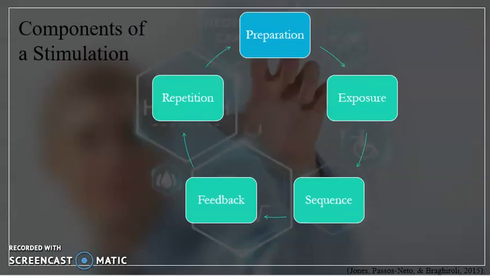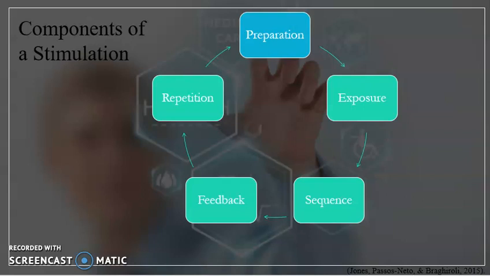The preparation of a simulation session involves the creation of a safe and positive learning environment. A simulation is characterized by four core components. The first component is exposure, which consists of the trainee's introduction and briefing of the problem ahead. The second element is sequence, which helps students to build upon their knowledge and allows them to have a better performance throughout the exercise.